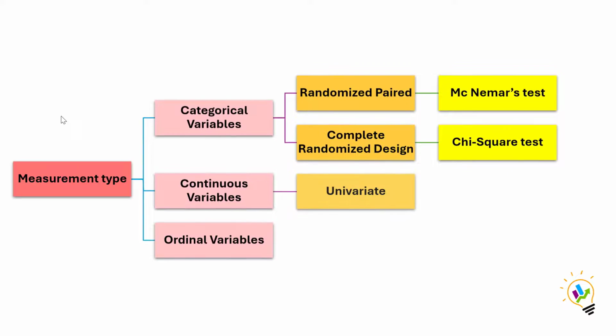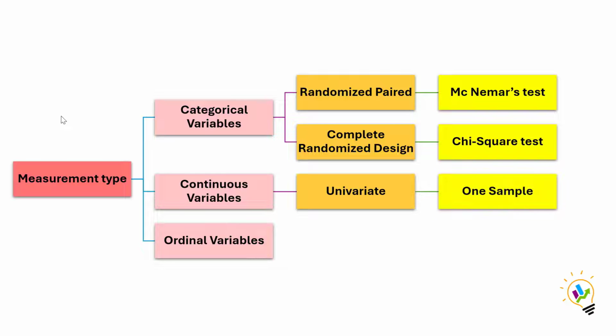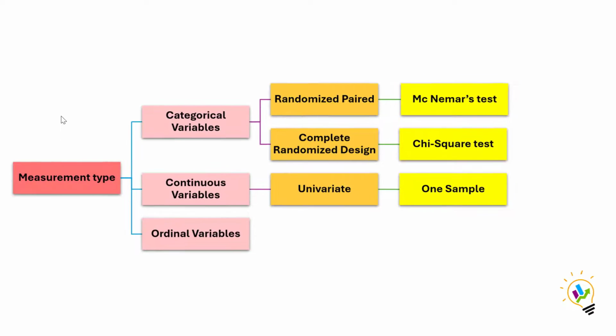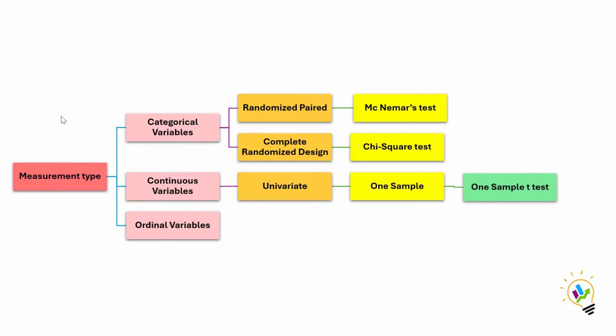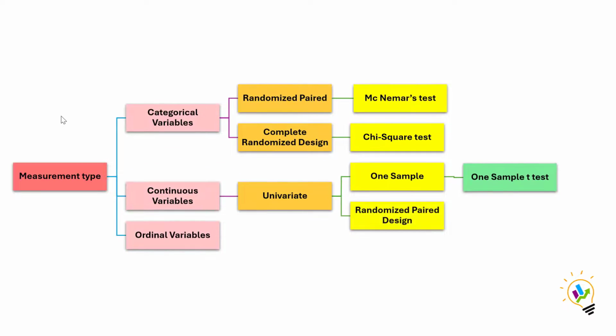Next measurement type is the continuous variable. In continuous variables, the first one is univariate. Univariate means one sample. When you have one sample and it is continuous data, we must use the one sample t-test. If it is univariate but paired data, like measuring blood pressure before treatment and after treatment, you must use the paired t-test.